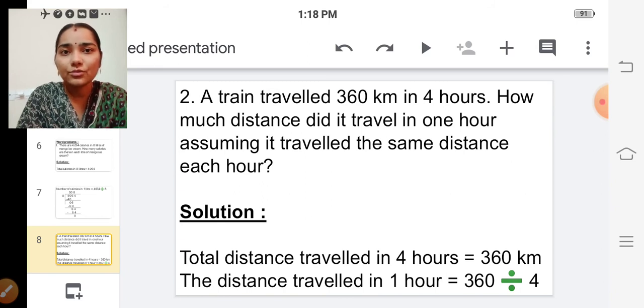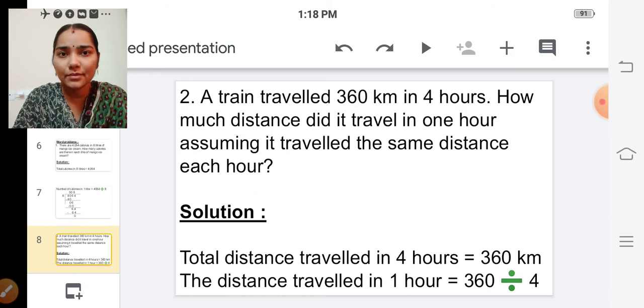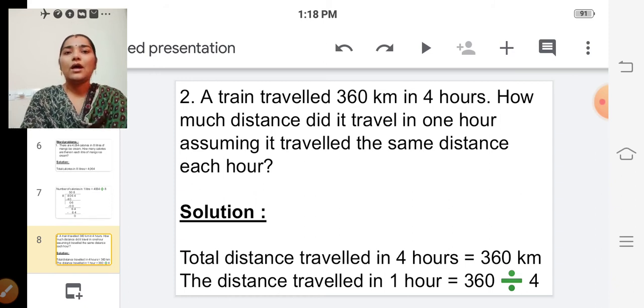And what are they assuming? They are assuming the train travelled the same distance in each hour. Then only we can find out the distance travelled by the train in 1 hour. So what we have to do?